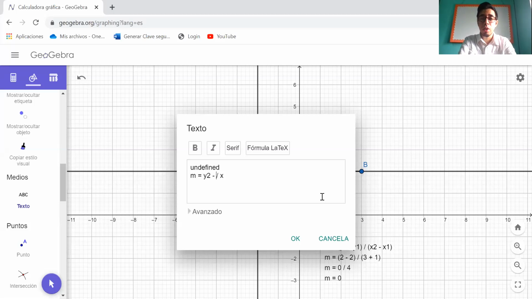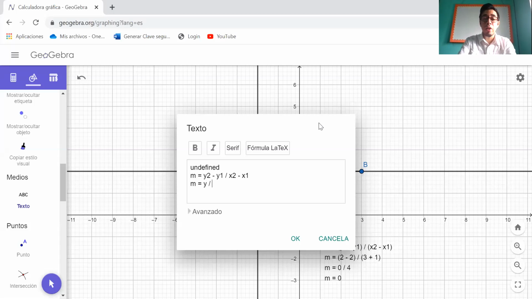I'm not going to replace numeric values. m equals y2 minus y1 divided by x2 minus x1. We can say that the y difference is any value, okay? It can take any value, it doesn't matter.